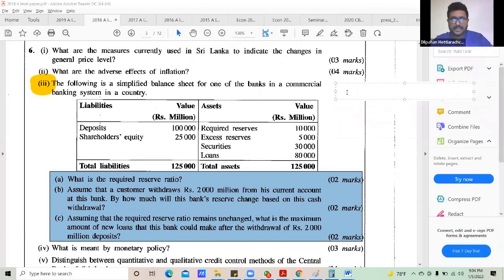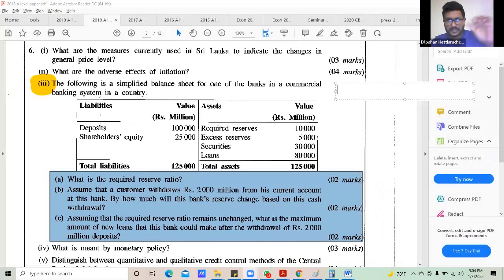What is the required reserve ratio? That's the first question. So here you can see deposits are there. Shareholders equity, shares or capital, that is 25,000. That is also a liability of a commercial bank. And then we have required reserves and excess reserves also. This is also a reserve.